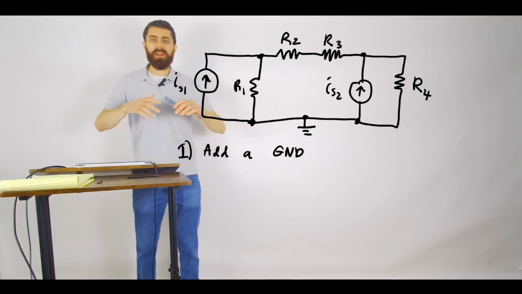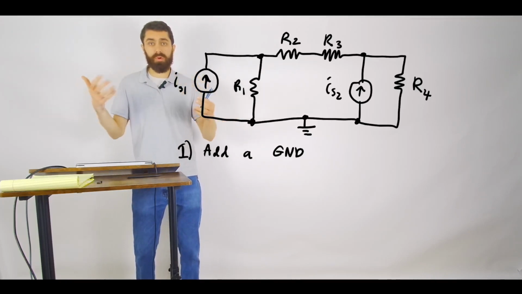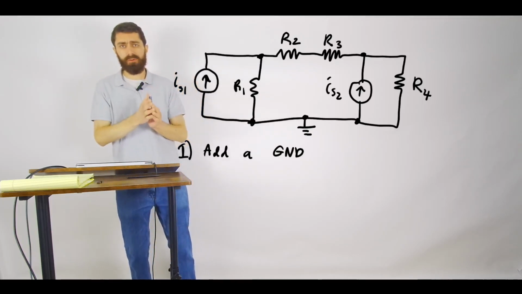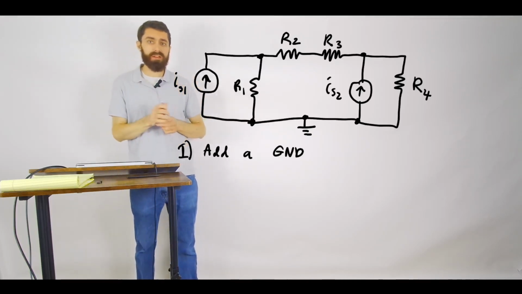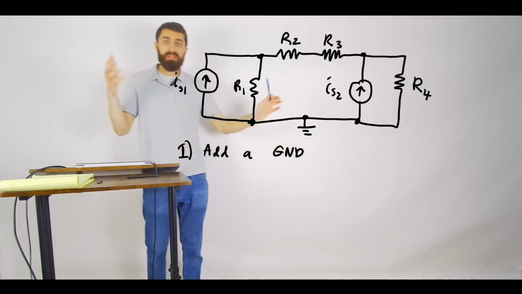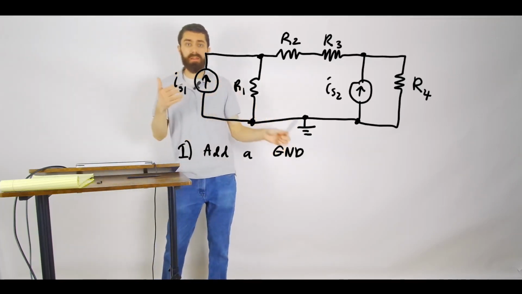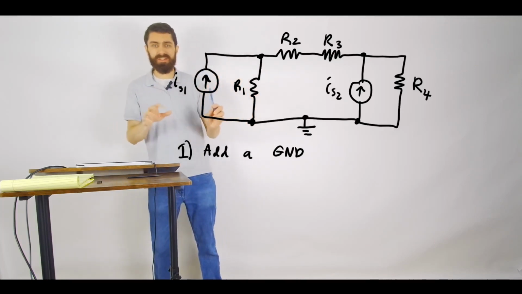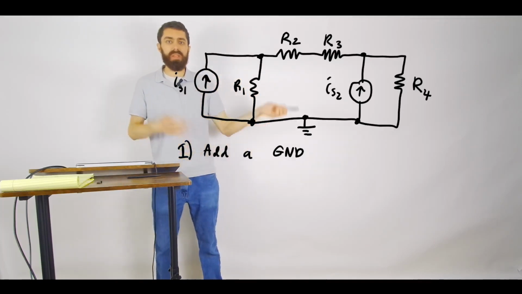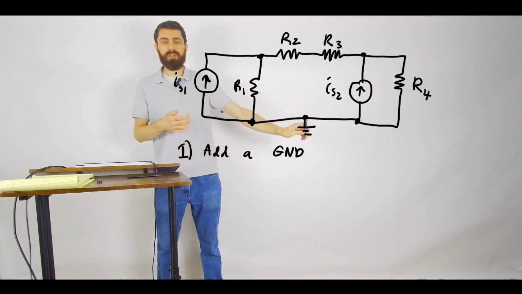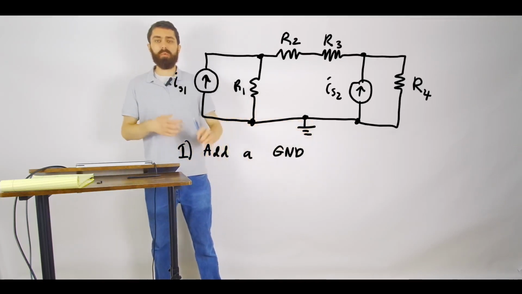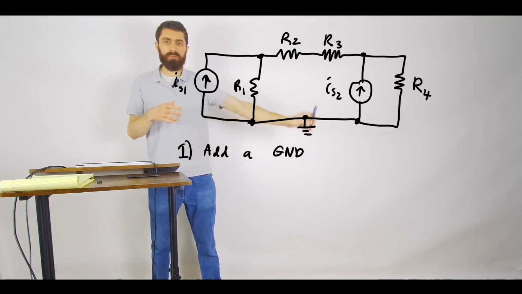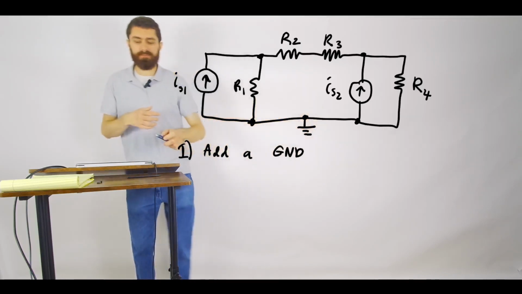Anytime you're talking about stored potential energy, you have to designate a reference point. The cool thing about nodal analysis is that it doesn't matter what you pick as your reference point, so long as you pick one and you're consistent in your equations. So I think it's more intuitive just to stick it on the bottom, so I'm going to stick it there.